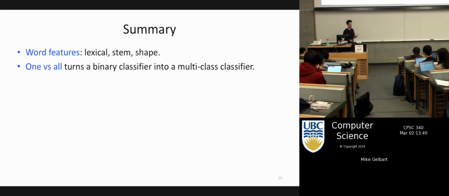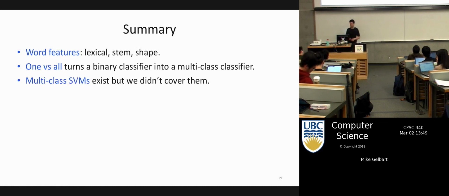We talked about one versus all, also known as one versus rest, where you can take any binary classifier that is capable of producing a score, not just hard predictions, and turn it into a multi-class classifier, including logistic regression and SVM, where a natural score is W transpose X. We mentioned that multi-class SVMs exist, and by that I mean we did some fancy stuff with logistic regression to get it to be directly a multi-class logistic regression, not the separate problems. You can do the same thing for SVM.